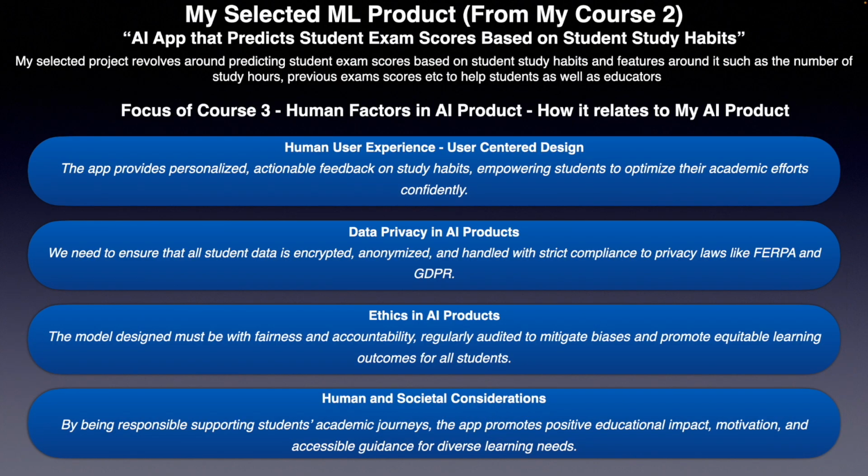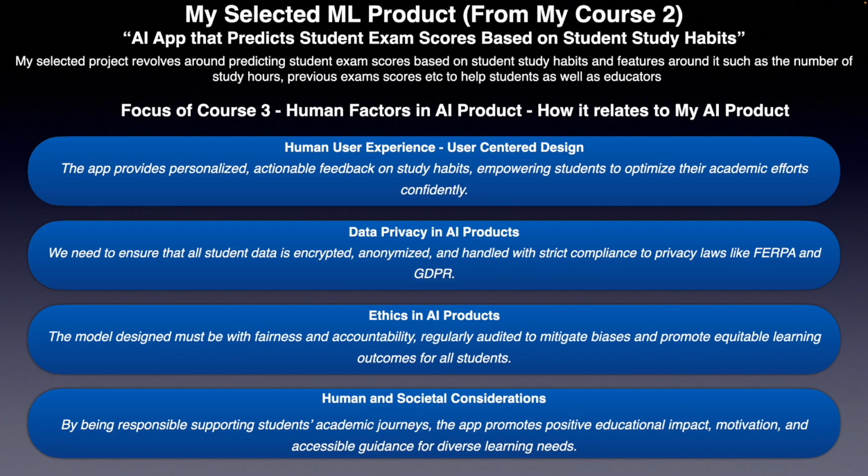So my selected product is from Course 2, which is an AI app that predicts student exam scores based on student study habits. There was a video about Course 2 describing that particular project and how it gets developed.